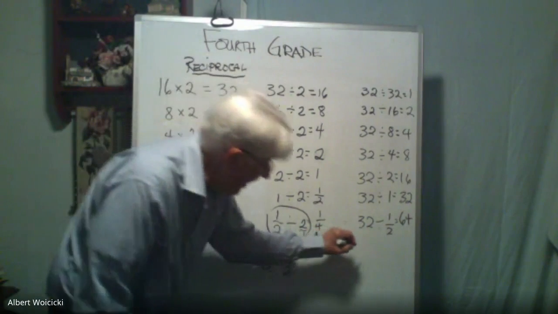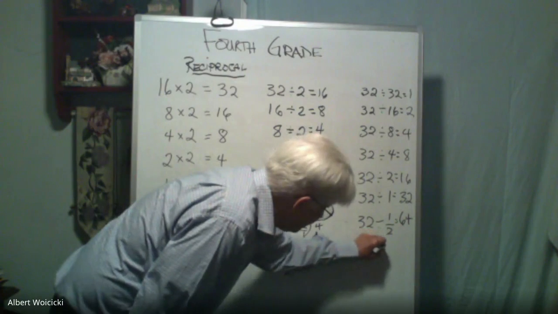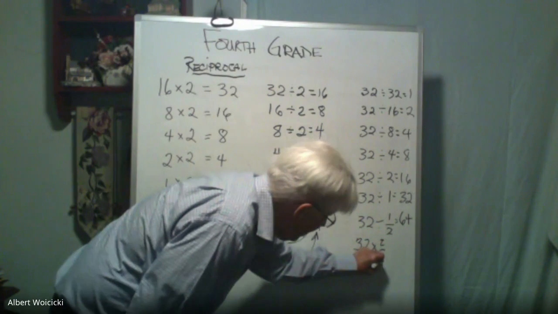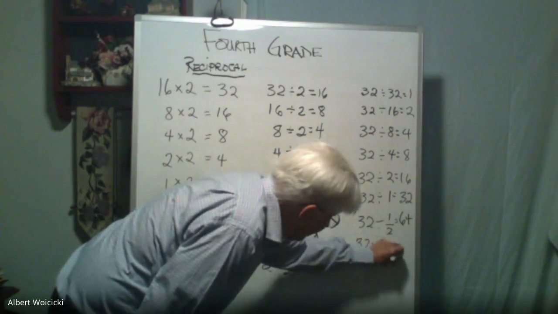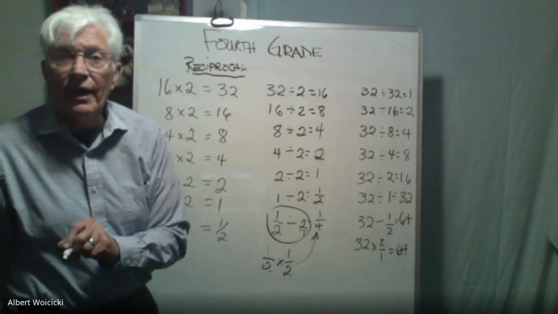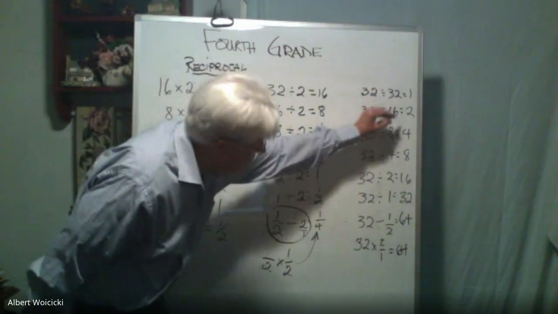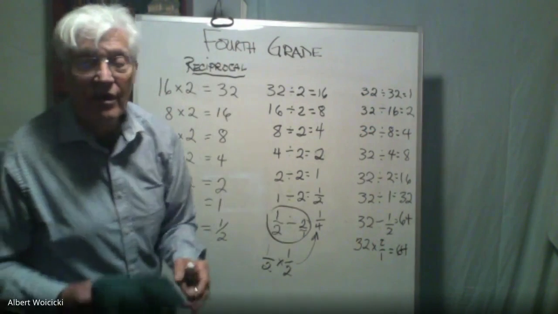So this has to become 32 times 2 over 1, which equals 64. How about that? And our pattern works out just fine.